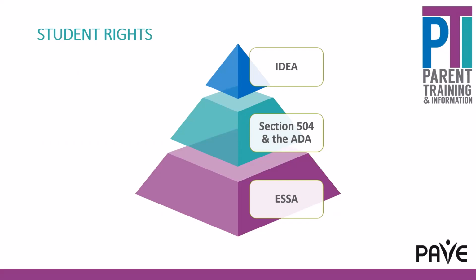All children with disabilities impacting their lives are eligible for support in the middle of the pyramid, where civil rights are protected. Free public education is a cornerstone of American democracy, and all children with and without disabilities have educational rights that are protected at the base of the pyramid. Let's break it down a little more.